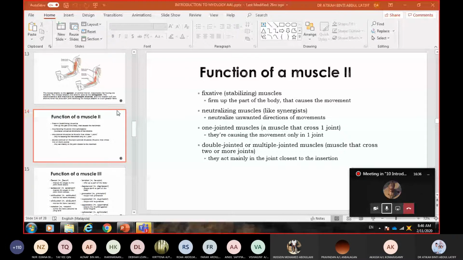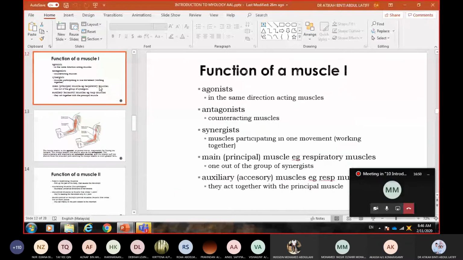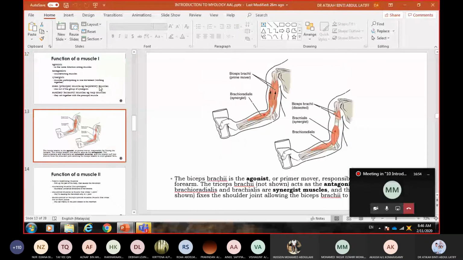Okay, sorry. Which slide did you stop hearing me? I will repeat. The brachioradialis. No, the one before this one. You're explaining about the glass of water. Okay, I'll repeat this slide.